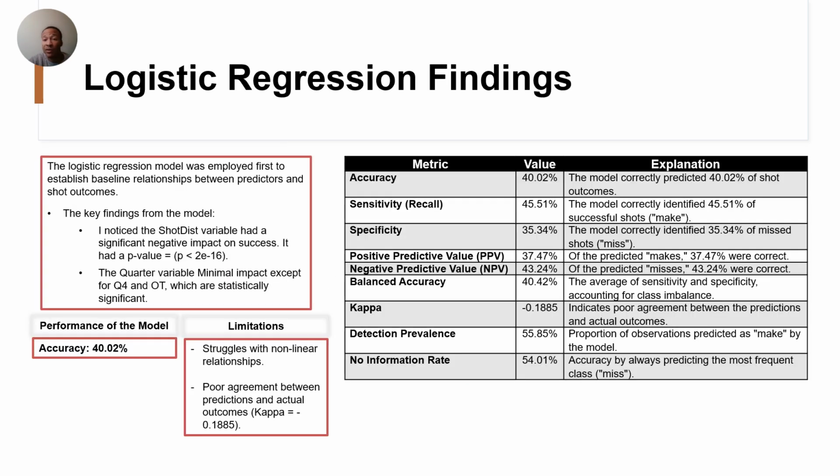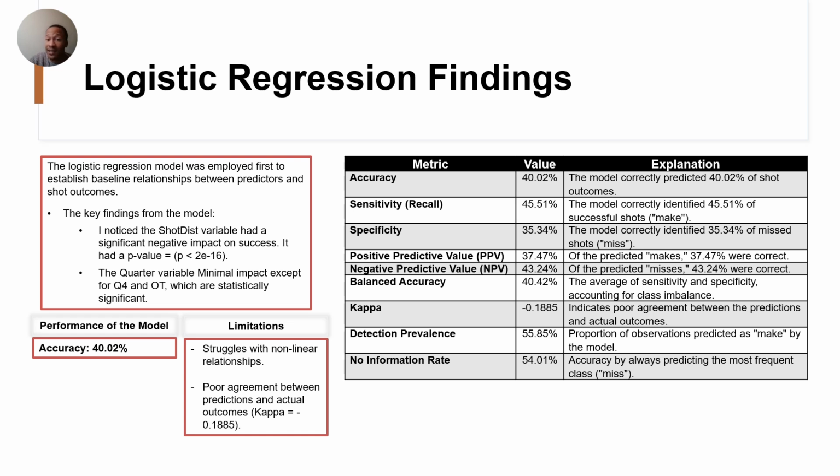So logistic regression was used as the baseline model to examine the relationships between predictors, shot distance, and quarter, and shot outcomes. It also provides an understanding of how variables influence success. From the results, it revealed two key insights.